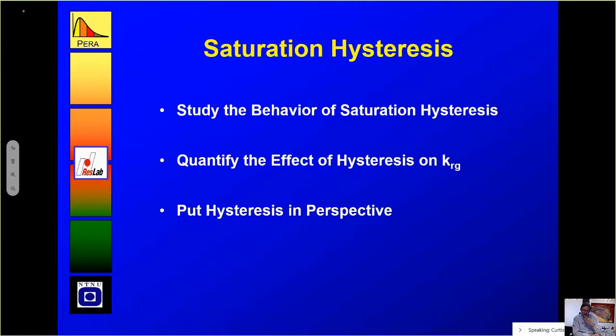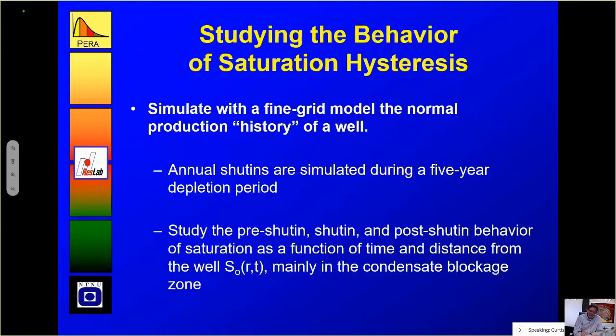So now the saturation hysteresis effect. How we're going to study it: we're going to simulate with a fine grid model the normal production history of a well. We're going to have annual shut-ins simulated during a 5-year depletion period.